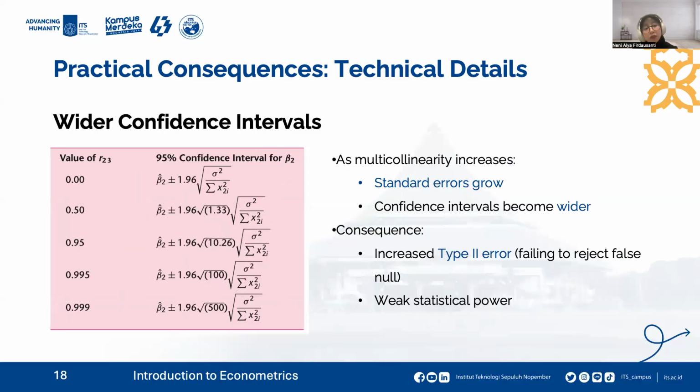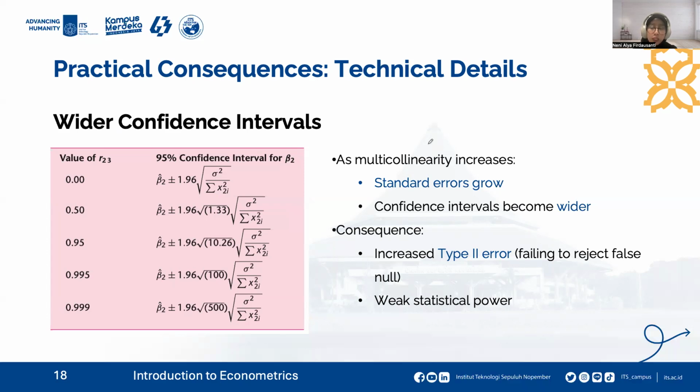The second consequence is a wider confidence interval. As multicollinearity increases, your standard error will be larger, and because the confidence interval is calculated from the standard error, as the standard errors grow, the confidence interval becomes wider.